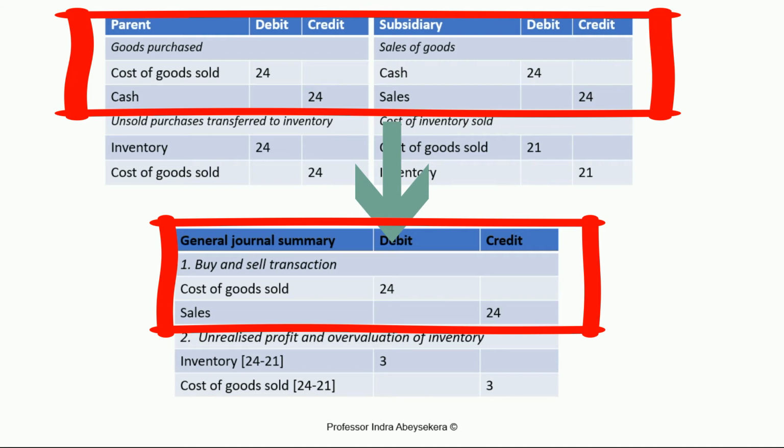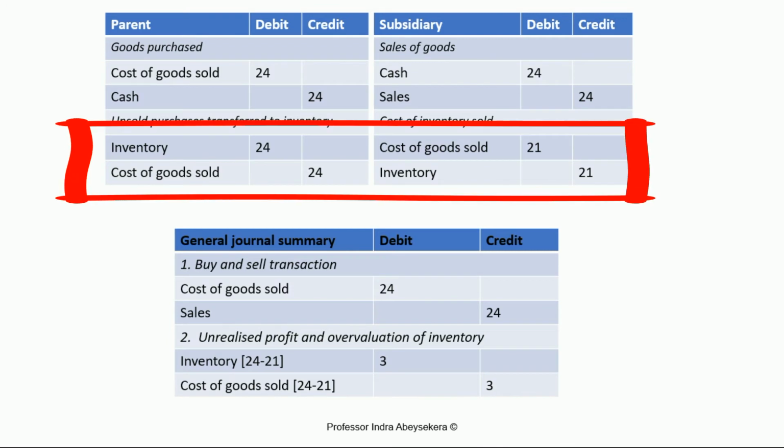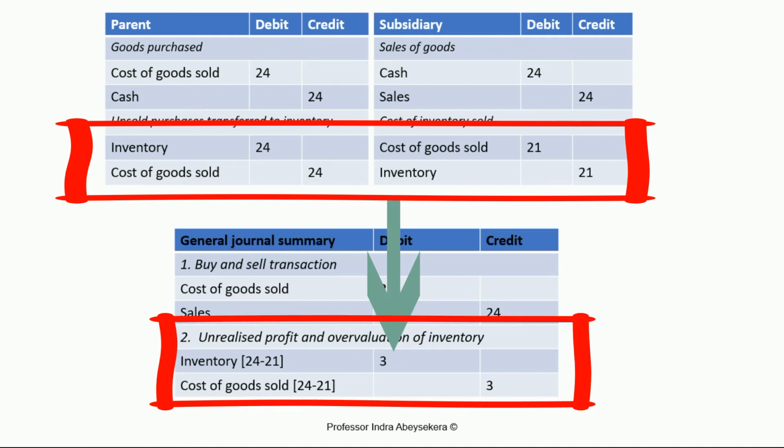If you look at the general journal entries of the individual entities, the last two rows, we have inventory, which is net 3 million debit. That is the overvaluation of inventory. Inventory has been overvalued by 3. Debit inventory 3. Cost of goods sold is a net credit of 3.